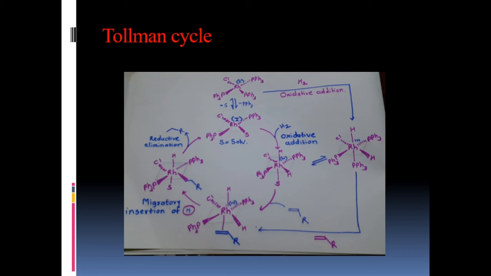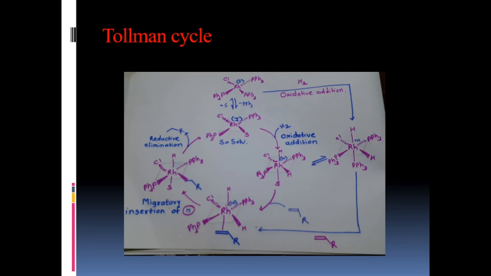After the oxidative addition reaction, there is addition of alkene. After that, migratory insertion of hydrogen is carried out. Means one of the hydrogens will be migrated into the alkene, and we get this species which binds through a sigma bond.